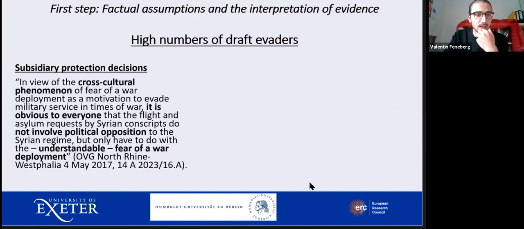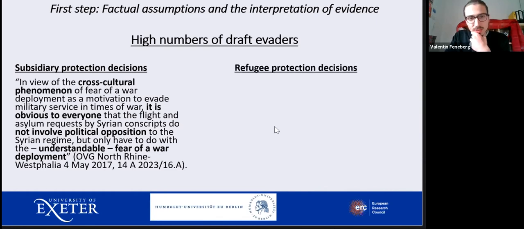I quote, same decision as before: in view of the cross-cultural phenomenon of fear of war deployment as a motivation to evade military service in times of war, it is obvious to everyone that the flight and asylum requests by Syrian conscripts do not involve political opposition to the Syrian regime, but only have to do with the understandable fear of war deployment. On the other hand, refugee protection decisions also acknowledge the high numbers, but do not interpret these high numbers in the same way.